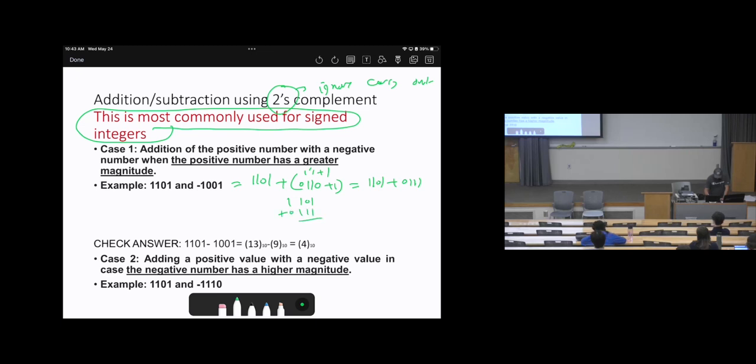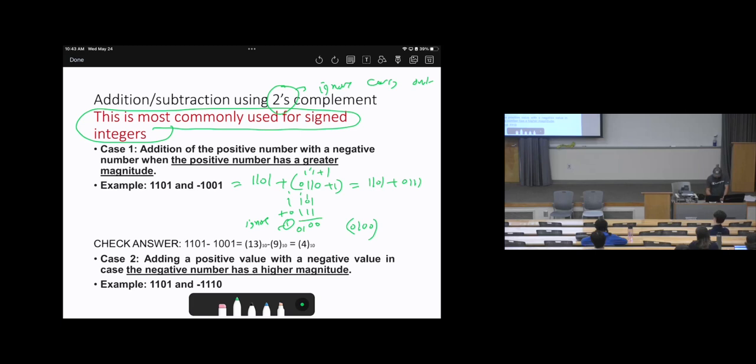1101 plus 0111. 1 plus 1, 10, 0 carry 1. 1 plus 0 plus 1, 10, 0 carry 1. 1 plus 1, 10, plus 1, 11, carry 1. 1 plus 1, 10, 0. Remember, it's 4 bits, so we have a carry out bit 1. What we will do, ignore. So the answer will be 0100.